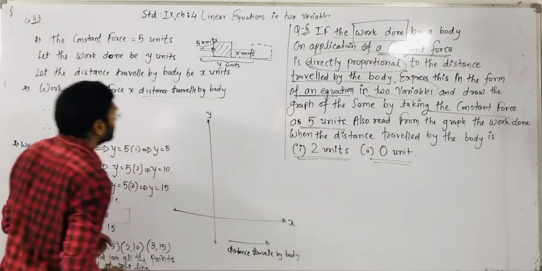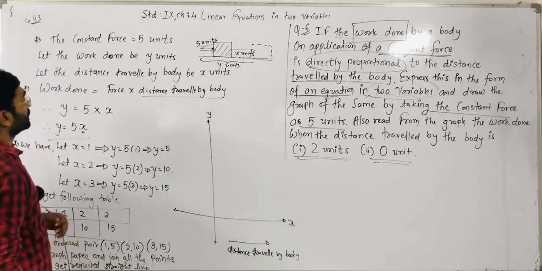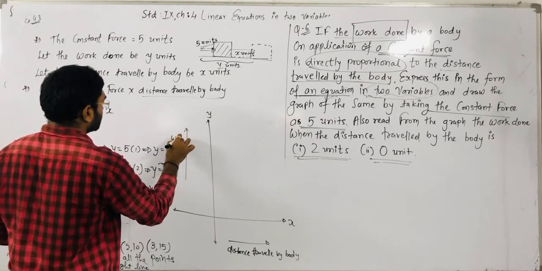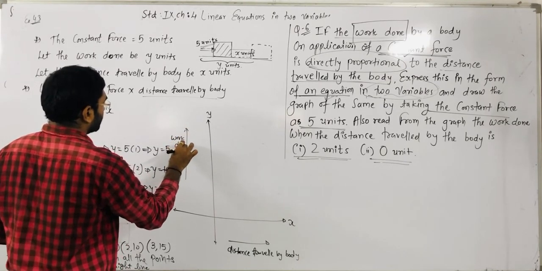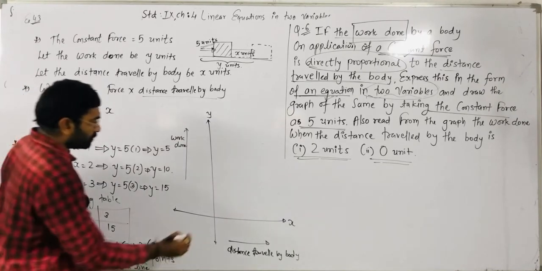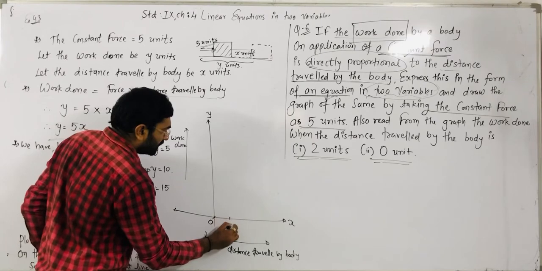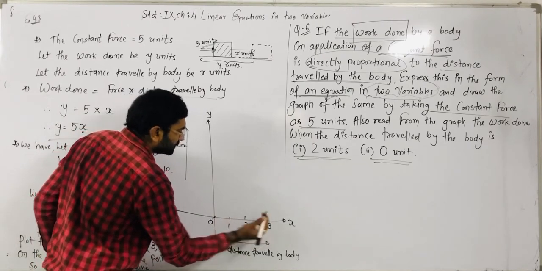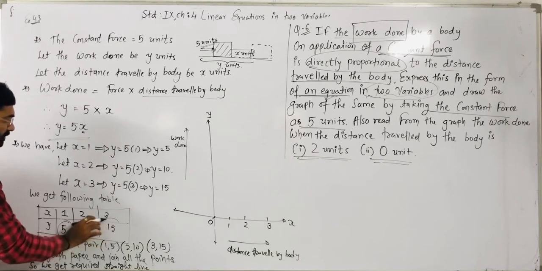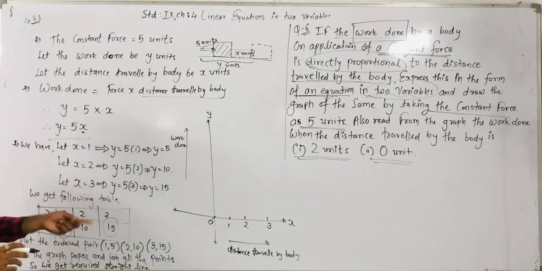And on the y-axis we represent the work done. Okay. Now on the x-axis, 1, 2, 3 means we require positive values 1, 2, 3. Now on the y-axis observe the value 5 is the minimum value, 15 is the larger value, the maximum value is 15.